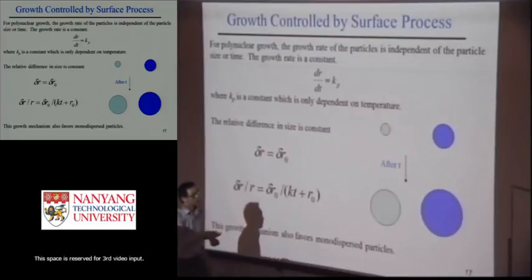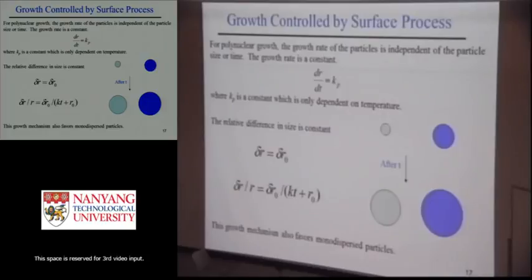Initially, you have two nuclei with a given size difference. After some time t, both grow bigger, and the average size of the nanoparticle becomes bigger, while the size difference maintains as a constant from the beginning of these two nuclei. But the uniformity of the nanoparticle also becomes better, meaning the dispersity decreases.